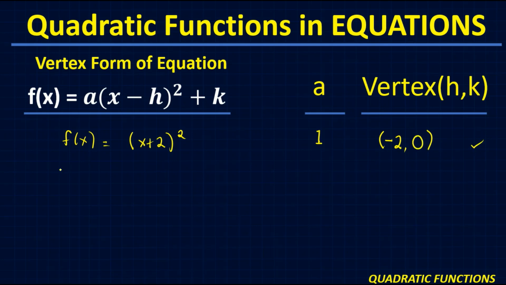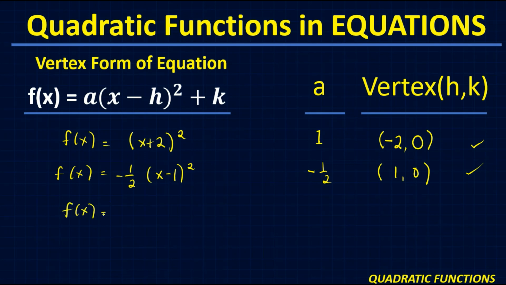Okay? Next, how about if we have f of x is equal to negative 1/2 times the quantity of x minus 1 squared. So a here is negative 1/2 and the vertex is 1, 0. Okay, next, how about if we have f of x is equal to x squared plus 3.